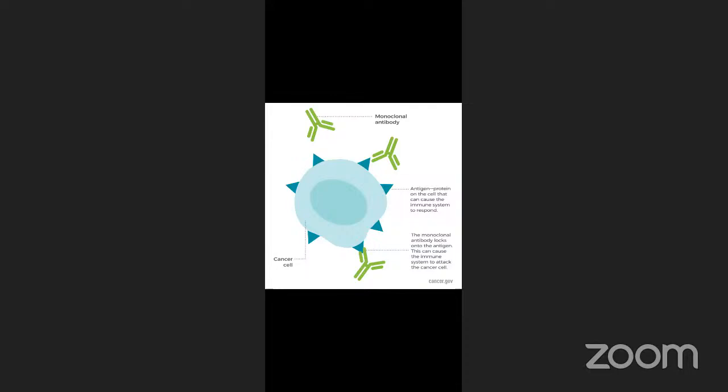Antigens are proteins on the surface of the cell that can cause the immune system to respond, and these monoclonal antibodies go and bind with the surface antigen. This can cause the immune system to attack the cancer cell, and this binding of the monoclonal antibody on the surface of the tumor cell may lead to the destruction of different types of tumor cells.